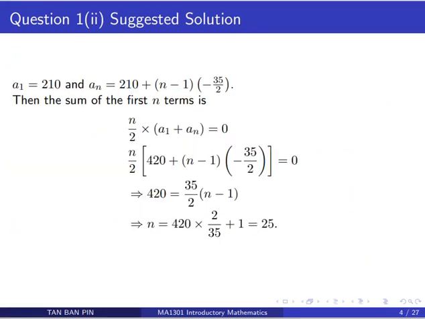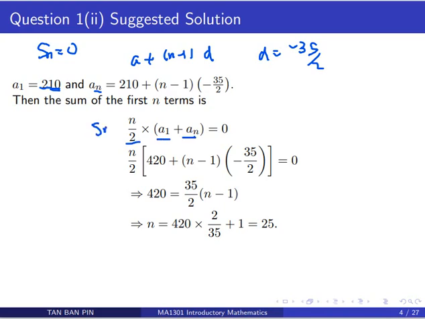Next, what you want is to find n such that Sn is 0. A1 we just found is 210. And An is A plus n minus 1 D, and D we just found is minus 35 over 2. The formula for Sn is n over 2 times A1 plus An.